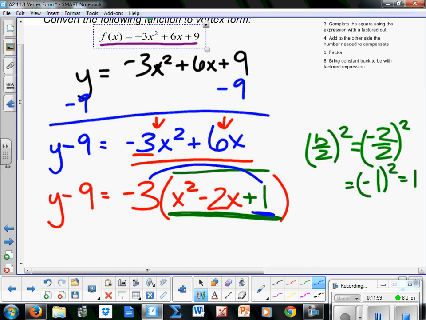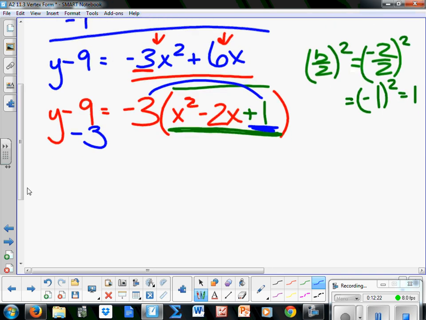Since that's the case, I need to add -3 to this side, or subtract 3 from this side, in order to compensate for the 1 I added over here. I want to make sure they balance. So what I'm really doing is adding a -3 to the side when I put the 1 in the parentheses.